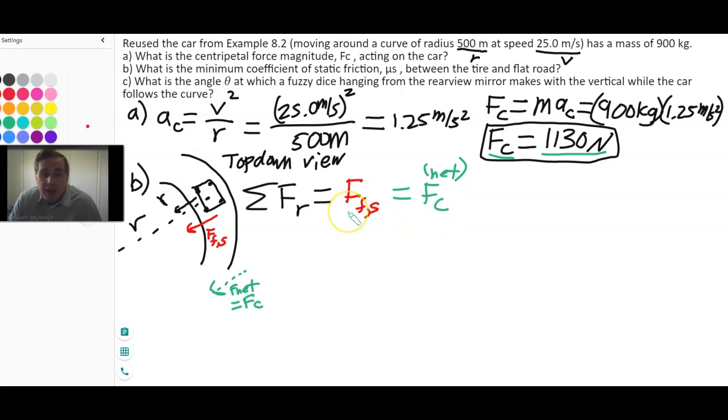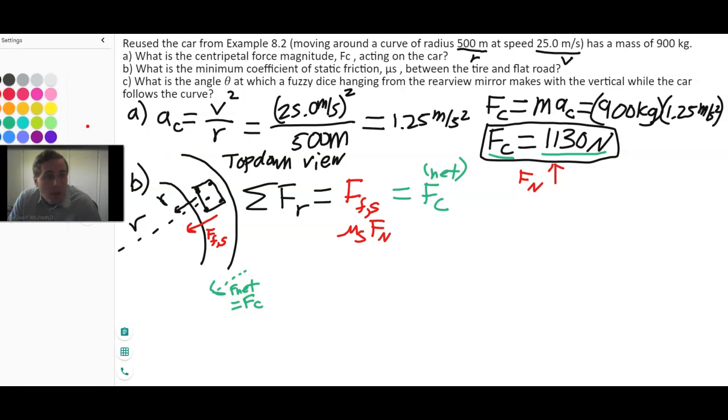Okay, so let's see if we can write an expression for the force of static friction. So the force of static friction, I believe, should be mu s times the normal force. But the normal force, let's just go over here for a second. The normal force should be upward, while the weight is downward.